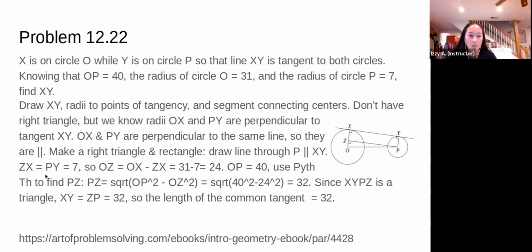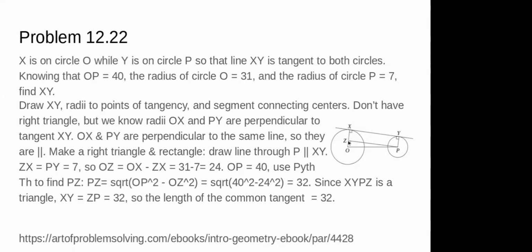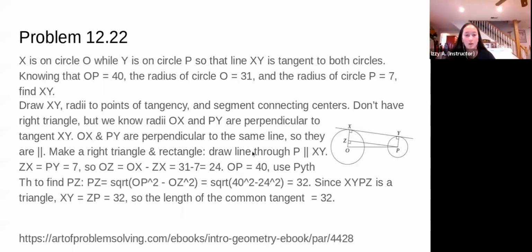And ZX and PY are going to be equal to 7 because we know that the radius of circle P is equal to 7. So then OZ is going to be equal to OX minus ZX, and that's going to be 31 minus 7, and we would get 24.